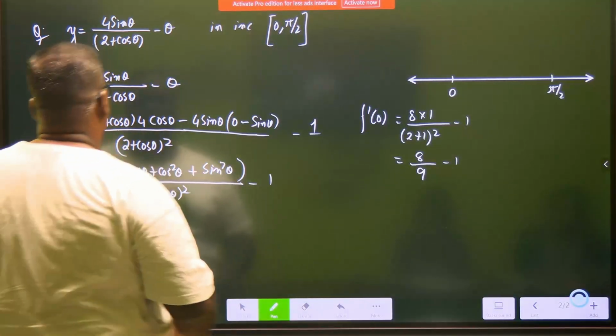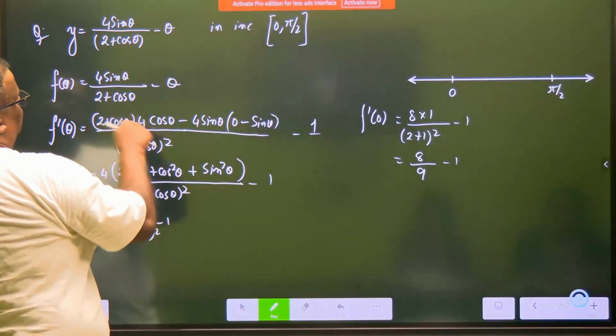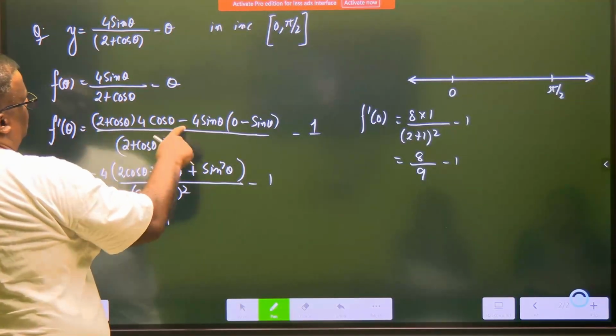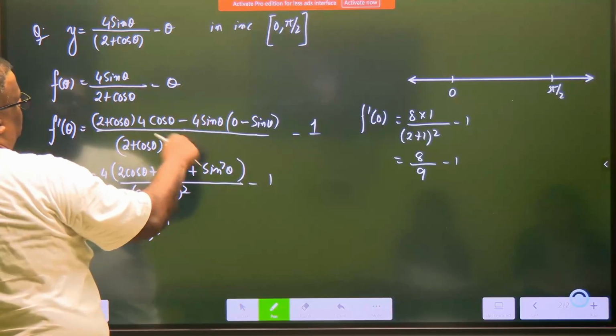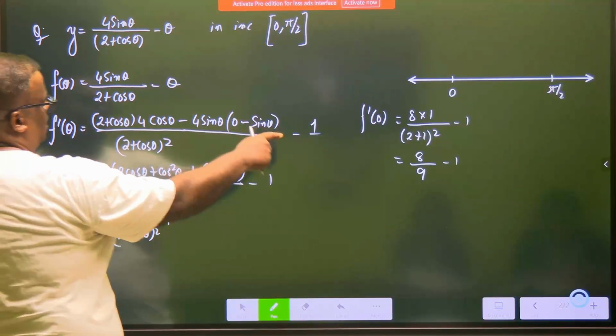Let's check. 2 plus cos theta whole square. 2 plus cos theta into 4 cos theta, minus 4 sin theta into the derivative of 2 plus cos theta, which is minus sin theta, minus 1.